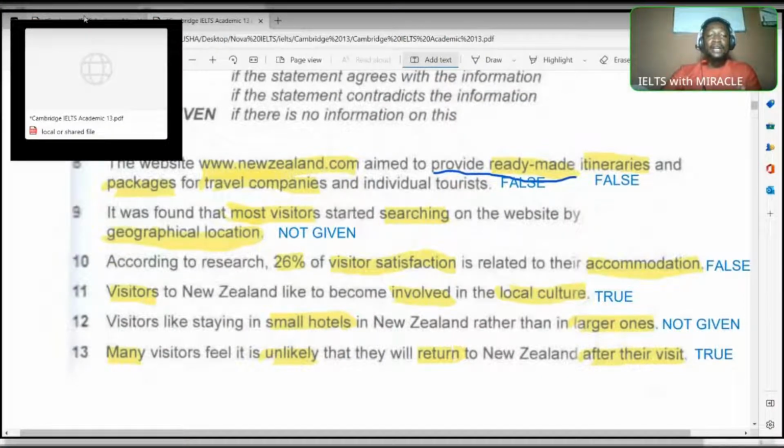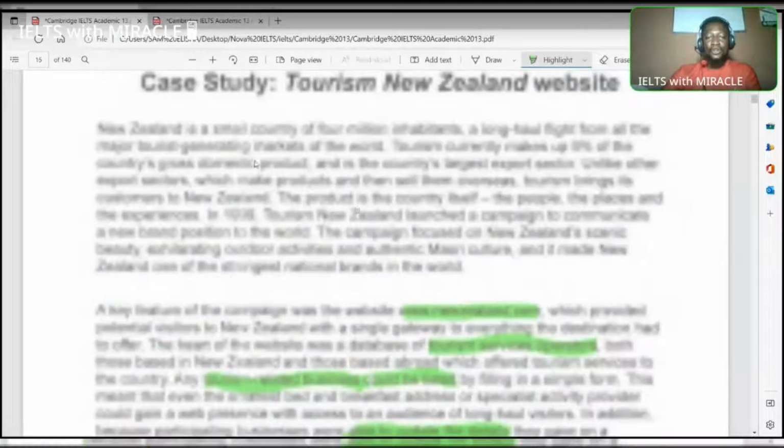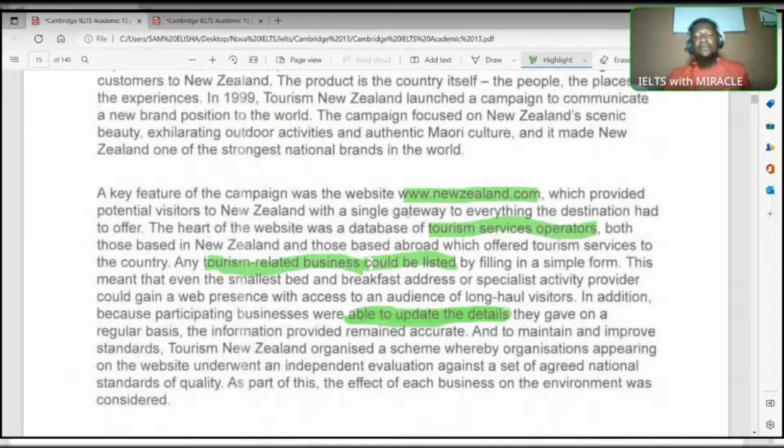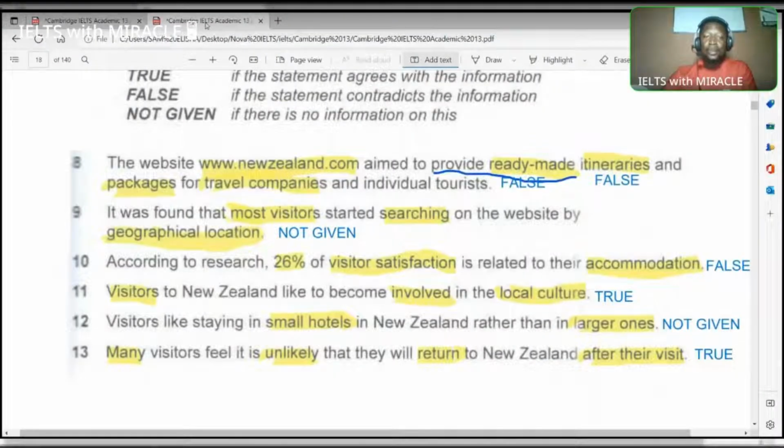Now, this is the first paragraph. I didn't get any answer there because the keywords are not here. But on the second paragraph, I'm able to get the answer to number 8, because here they said provide ready-made. I saw New Zealand and the website. So I got it on the second paragraph.